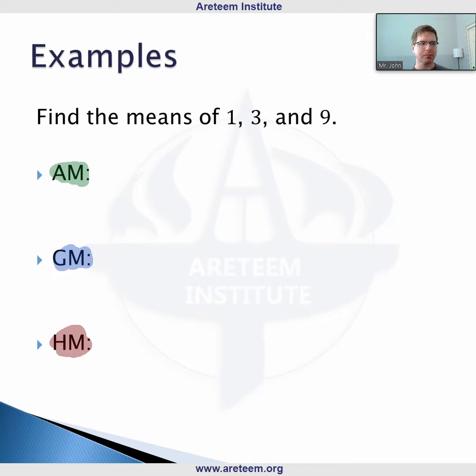As a preview, let's compare their values too. Arithmetic mean, the normal straightforward one: 1 plus 3 plus 9 divided by 3. So here we have 13 over 3, which is 4 point something.